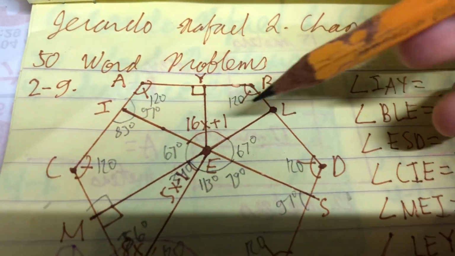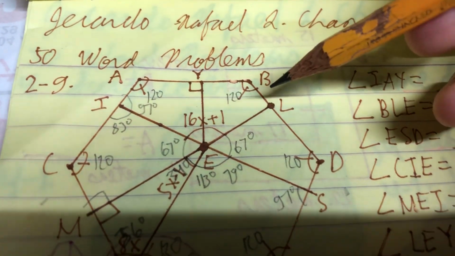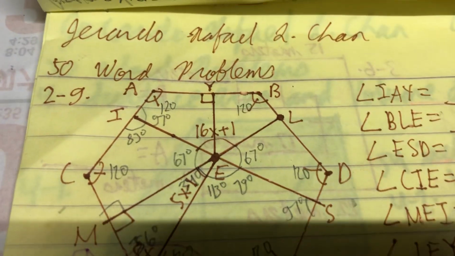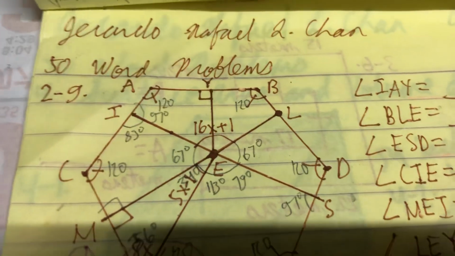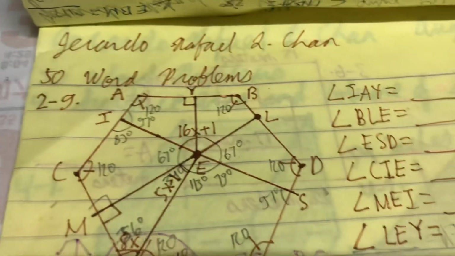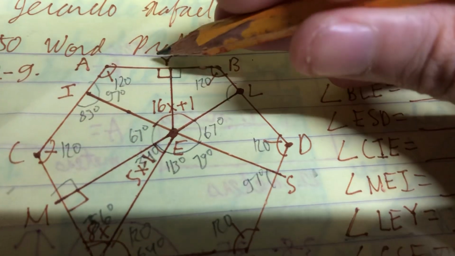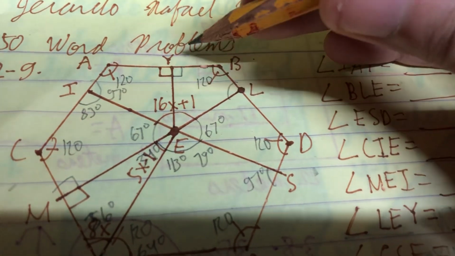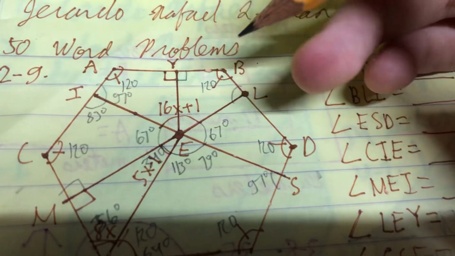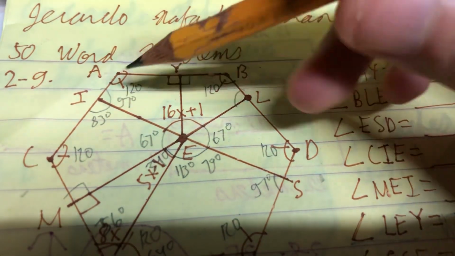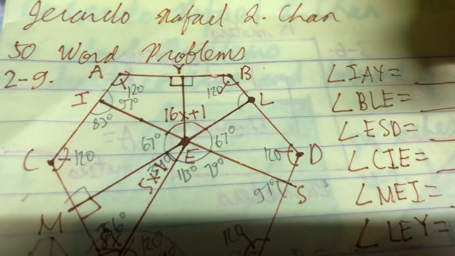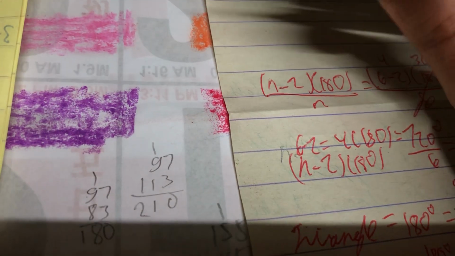So you have this one, 113 degrees. What should be the measure here? But I think it's better to get every individualized angle, because we need to get every individualized angle that we can find. But if you want it straightforward, you can get this angle first. You know that this is a right angle, right? So therefore, this also has to be a right angle to form a supplementary pair. So 120 plus 120 plus 97 plus 90 plus 113, right? So what's 97 plus 113? 210 degrees.